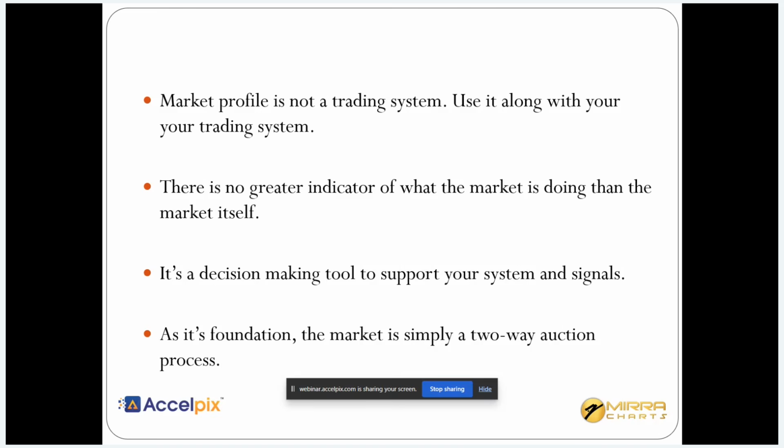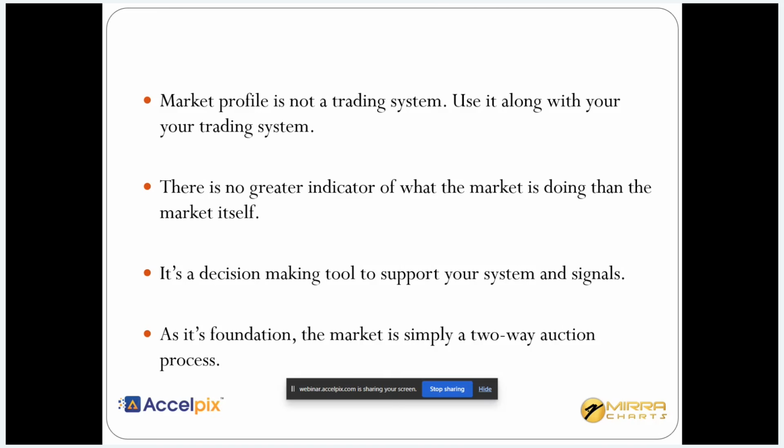I will just show how a market profile chart looks like. Before jumping into it, I want to say market profile is not a trading system. You can use it along with your existing trading system, where it will give you a tremendous edge.